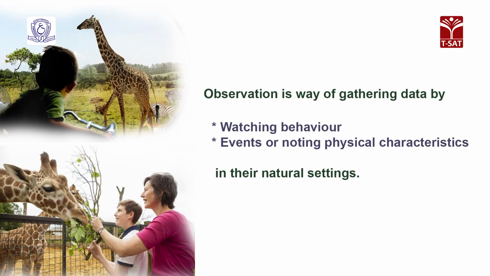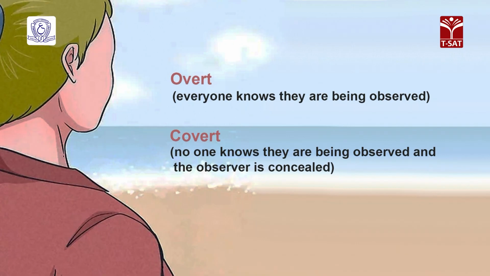Observation is a way of gathering data by watching behavior, events or noting physical characteristics in their natural settings. Observation can be overt, that means everyone knows they are being observed, or covert, that is, no one knows they are being observed and the observer is concealed.